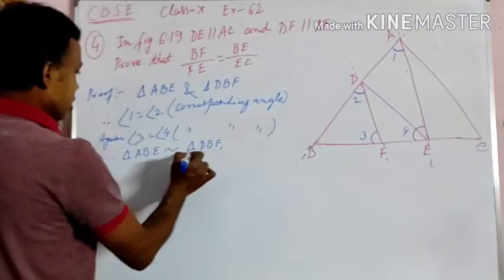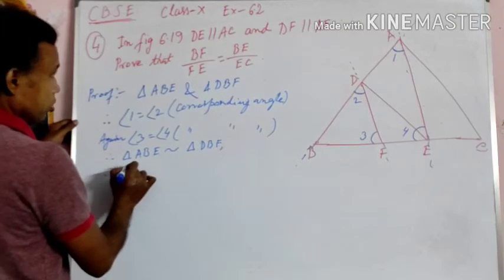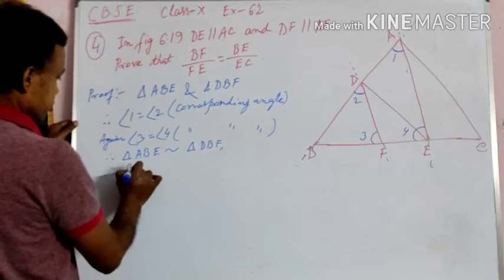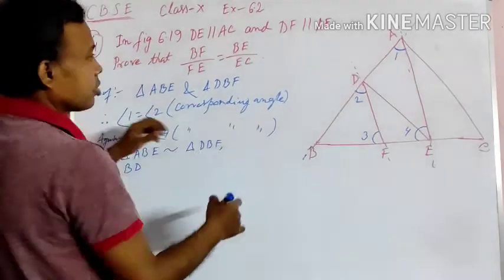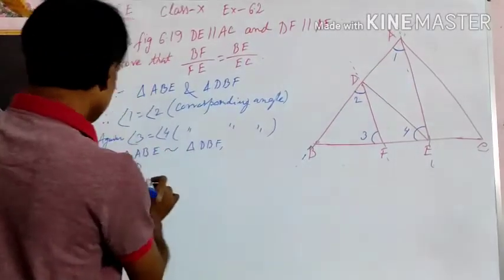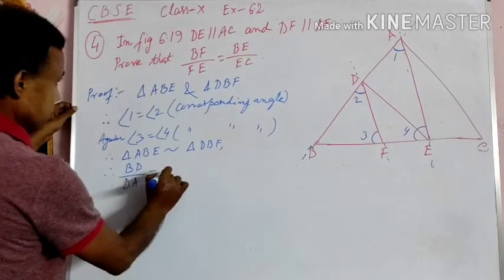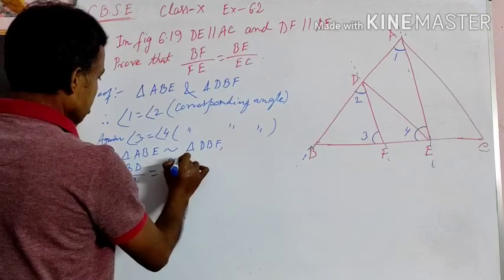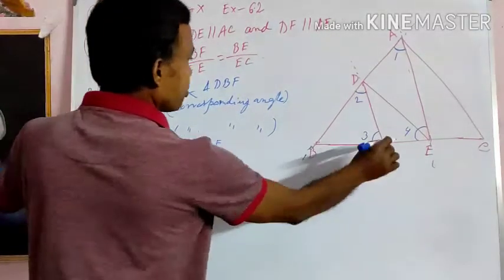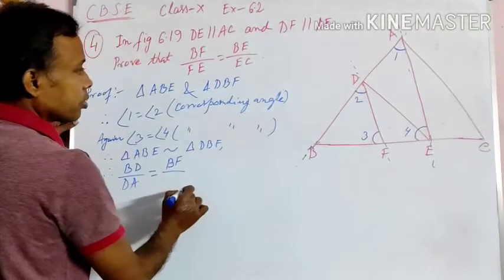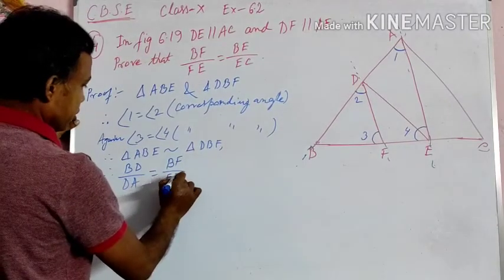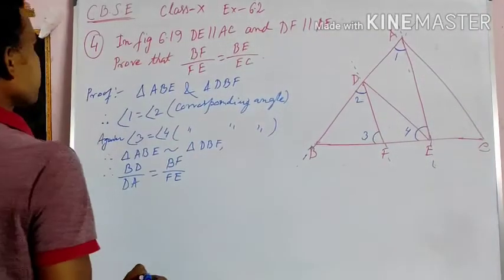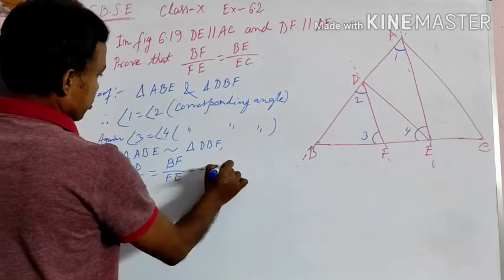As they are similar triangles, we can write BD by DA is equal to BF by FE. So this is equation 1.